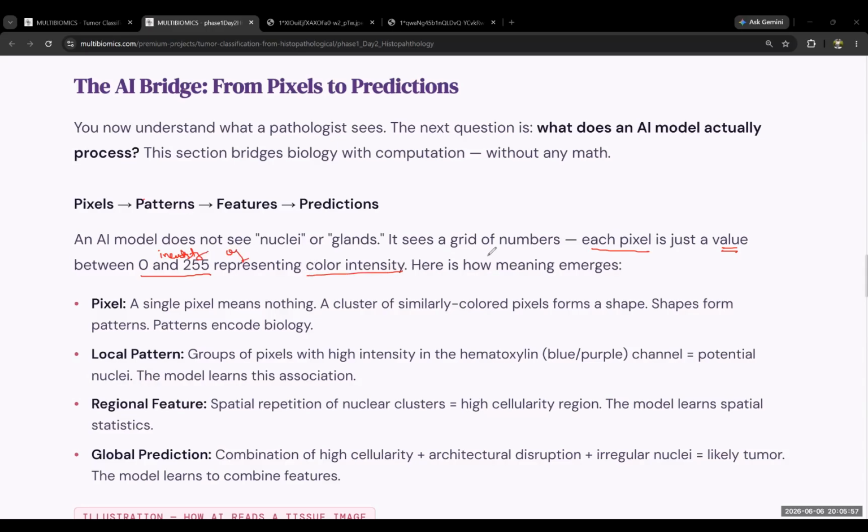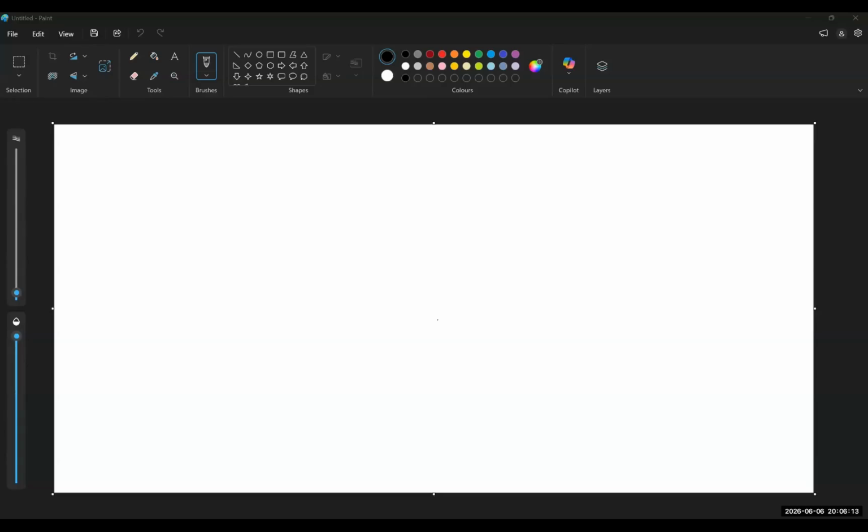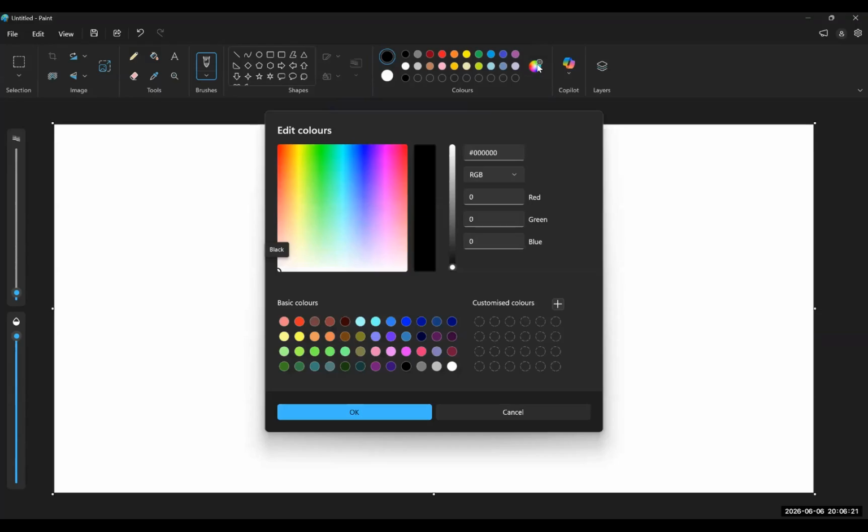I'll just stop sharing and I will show you. Wait, now you will understand. Can you see an MS Paint window over here? I'm mixing my color.